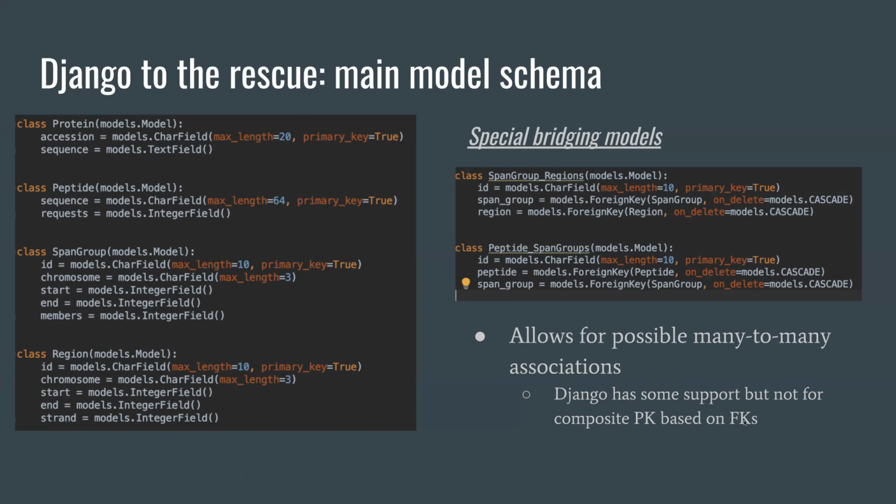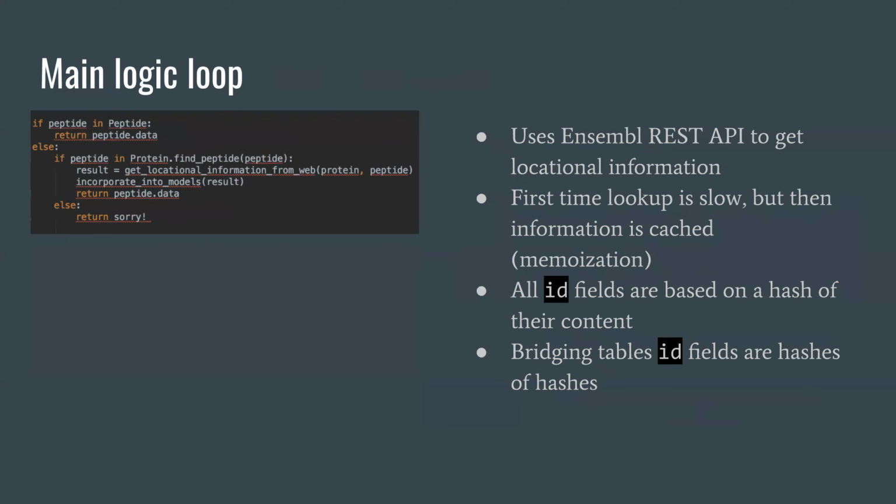So that's why I decided to go with this more classic database architecture here. This is a pseudocode representation of the main logic loop of the program. A request is submitted for a peptide, and if it can find that peptide in the peptide table, it will simply spit out the locational information about that.